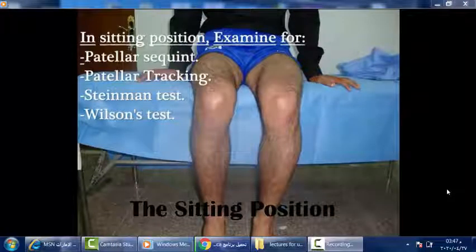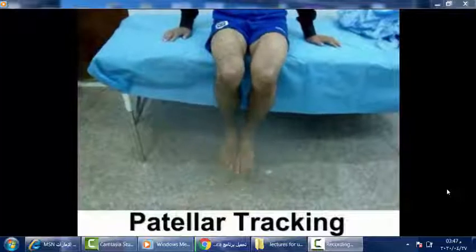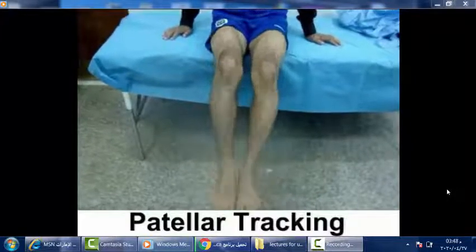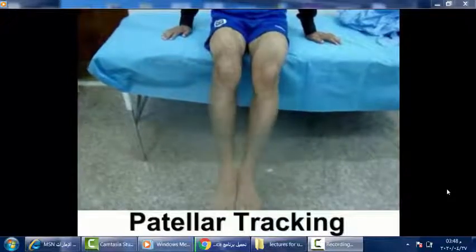Then we examine the patient in the sitting position for the following tests. First, patellar tracking: see, the patella is tracking on a straight line up and downward while the patient is flexing and extending his knee.